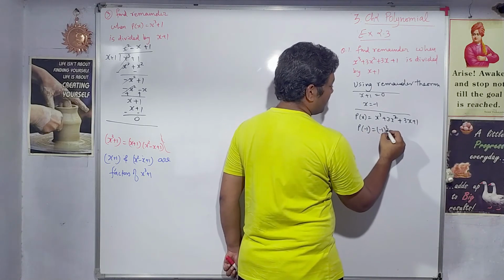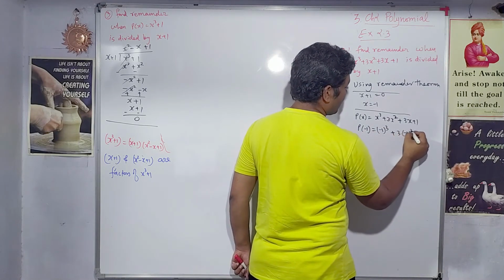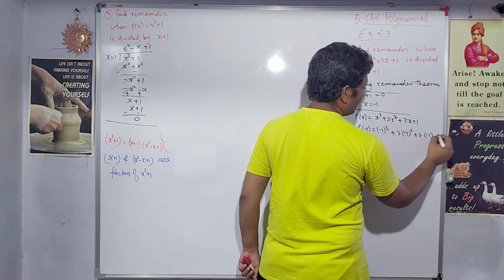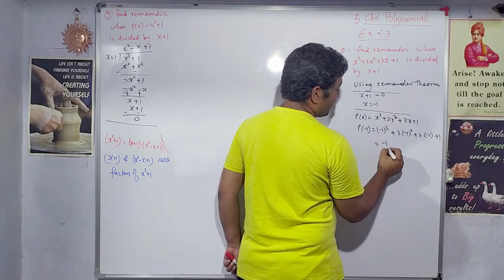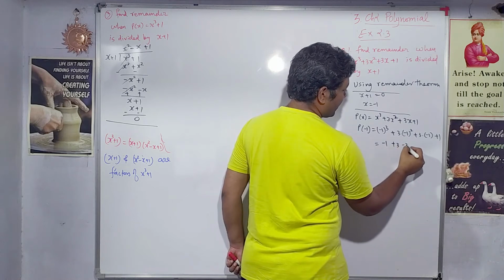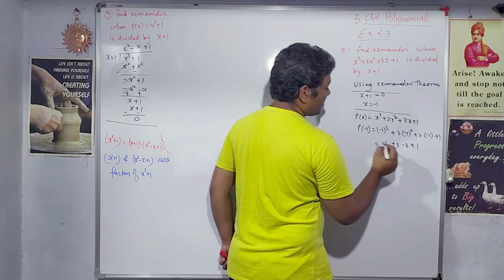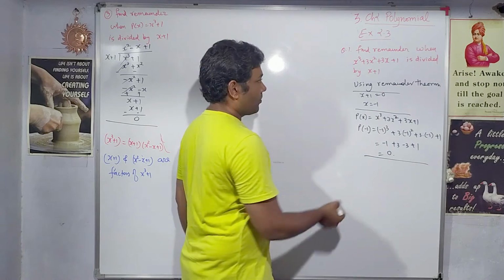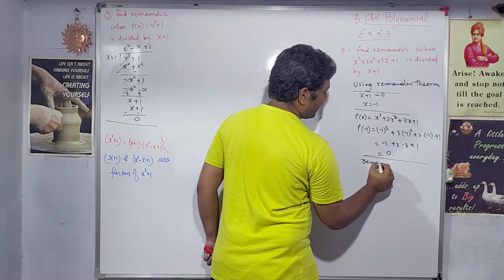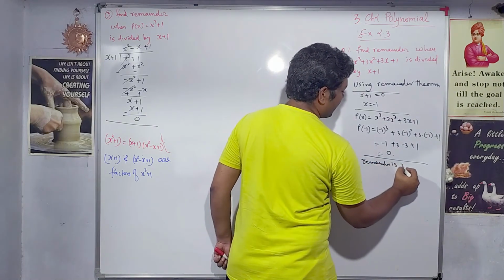So -1 cube plus 3 into -1 square plus 3 into -1 plus 1. Simplify, this will give me -1 plus 3 minus 3 plus 1, so this will give me 0. Simple. So we can write down the remainder is 0.